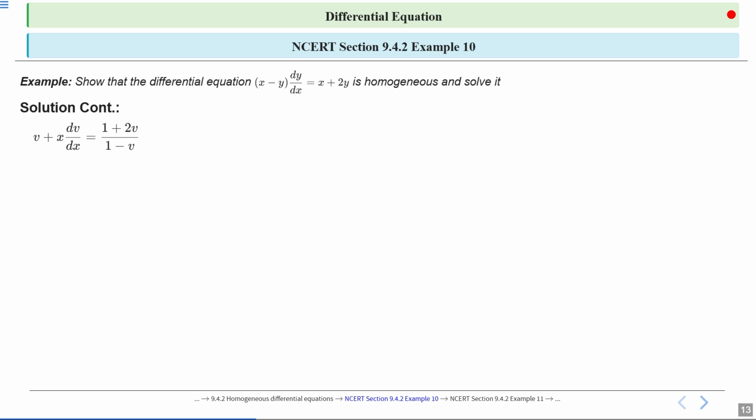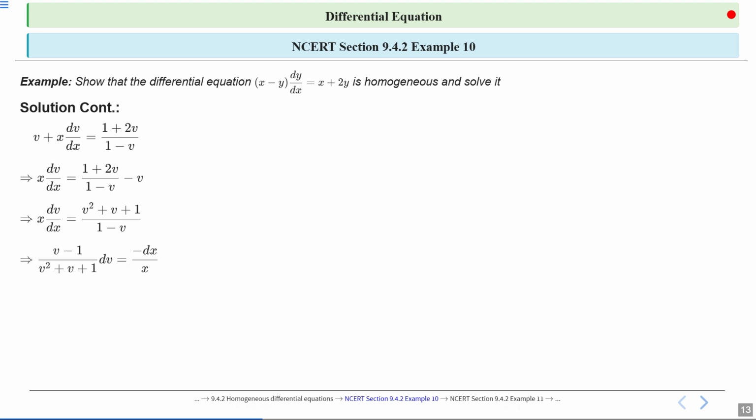So now we can separate the variables. We get x dv by dx is equal to (1 plus 2v) by (1 minus v) minus v. So we get x dv by dx is equal to (v squared plus v plus 1) by (1 minus v).